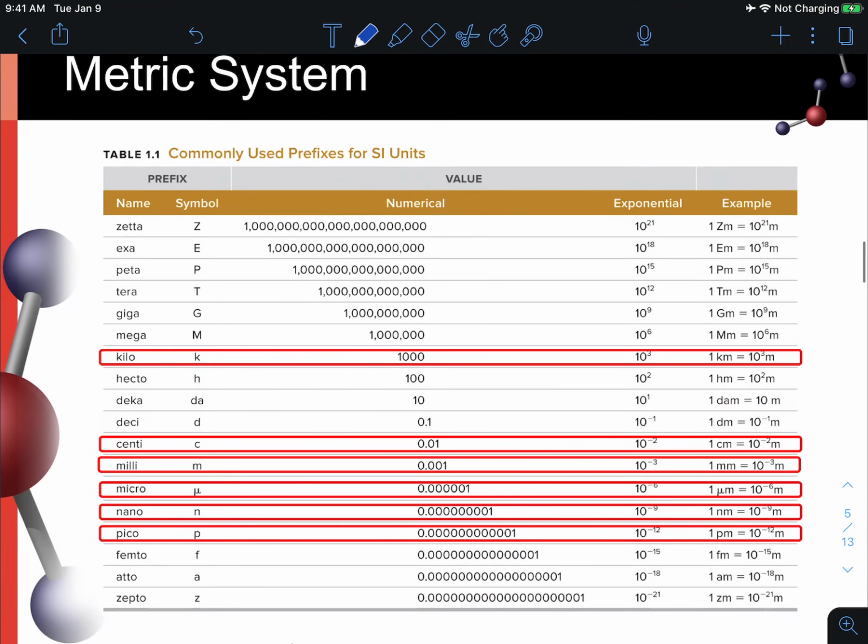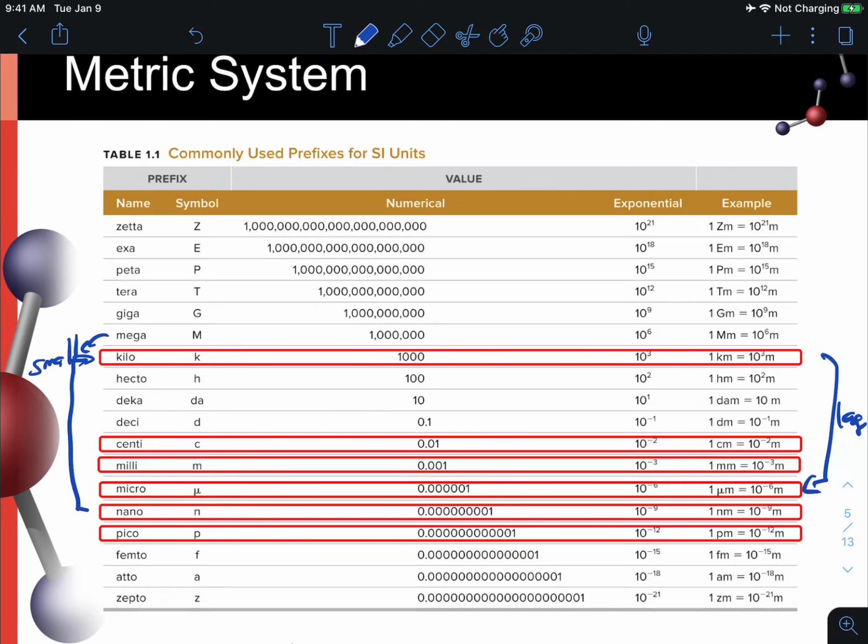As far as the metric system, I just made a comment in class to help people: if you're converting from one of these down here to one of these up here, the number has to get smaller. That means you would move the decimal place to the left. The reverse, they would get larger.